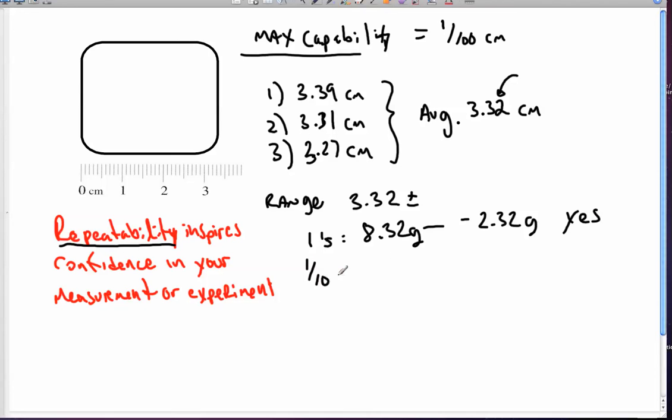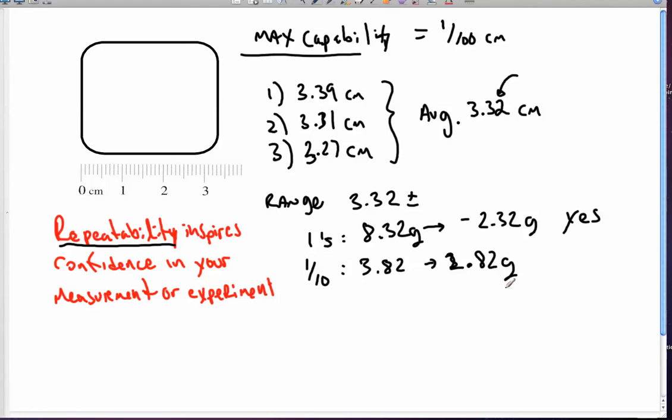Now let's go down to the tenths place. Here we're going to create a range of plus or minus 5 tenths. So 3.32 plus 5 tenths is going to be 3.82, and down to 3.32 minus 5 tenths is 2.82 grams.